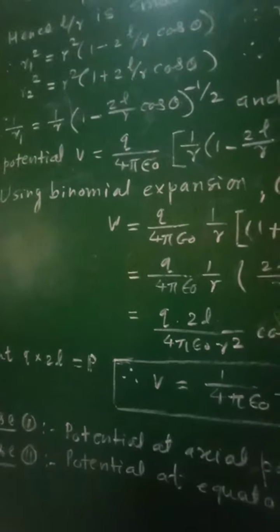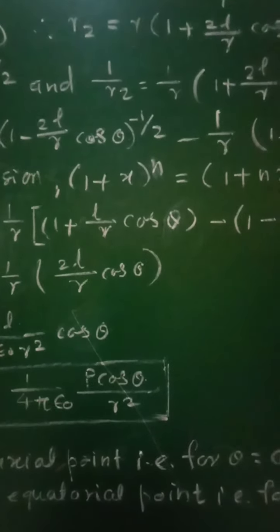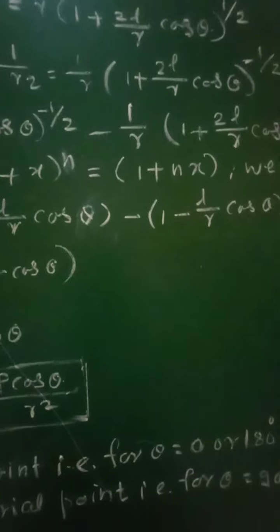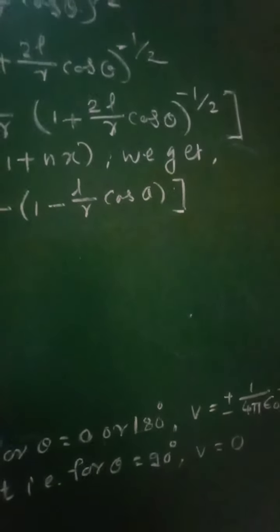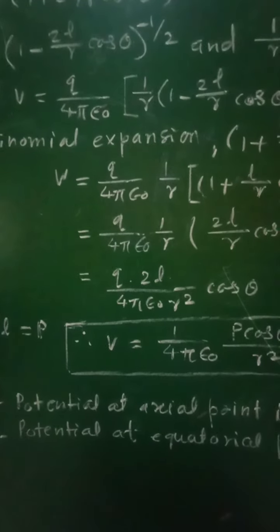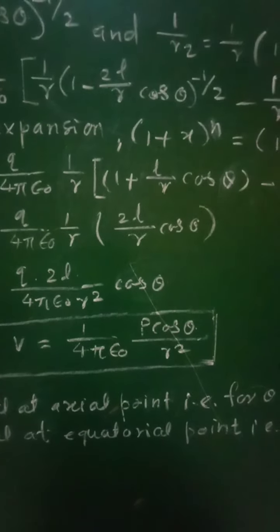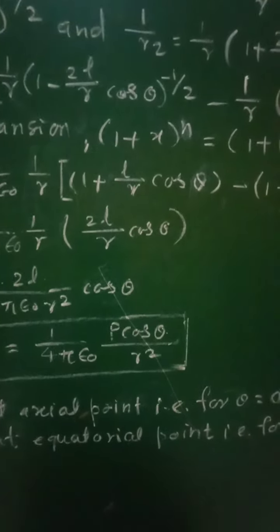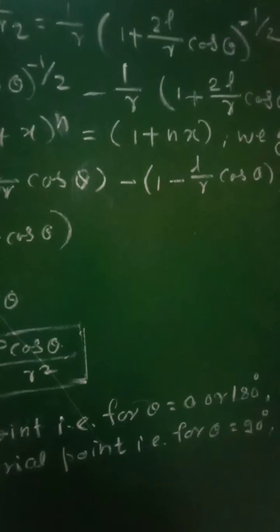we can use binomial expansion for that bracketed term, that is 1 plus x raised to n will be equal to 1 plus nx by neglecting higher power terms, and therefore we have phi equal to q upon 4 pi epsilon 0 into 1 by r into 1 plus L by r cos theta minus 1 minus L by r cos theta.